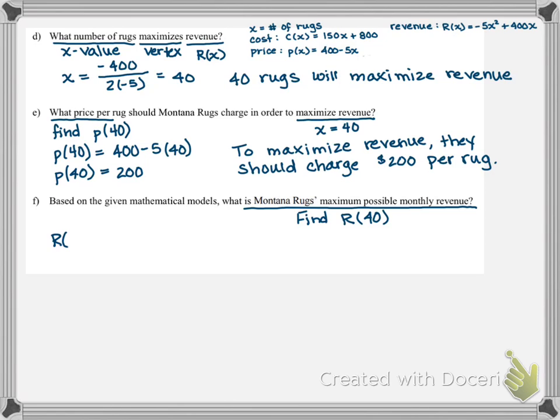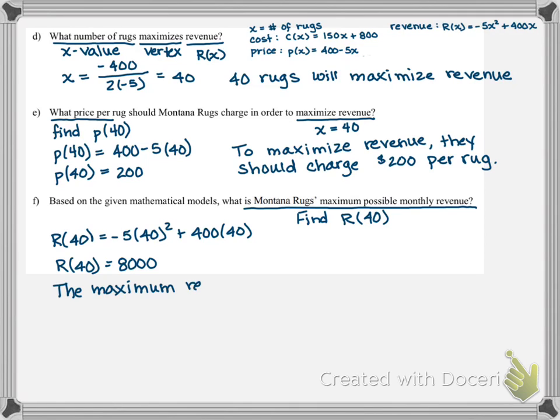So R of 40 equals negative 5 times 40 squared plus 400 times 40. Which is what? 8,000. So the maximum revenue is $8,000.